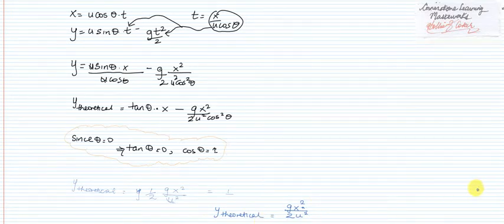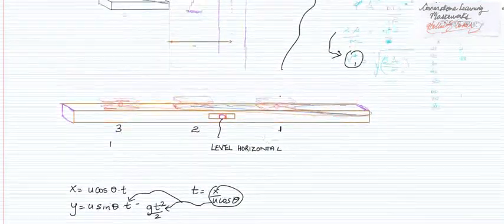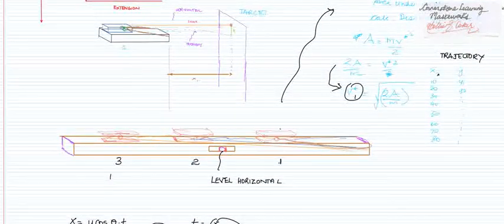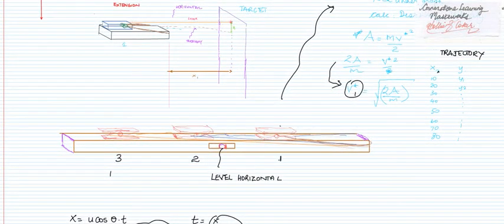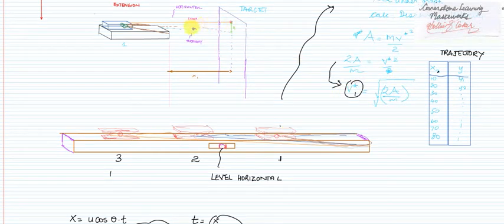Of course, you'll do the experiment and you'll measure what y actual is. You're going to get this from your experiment, where you measure where the target hits below the laser, and the distance is y, and the distance across, of course, is x.